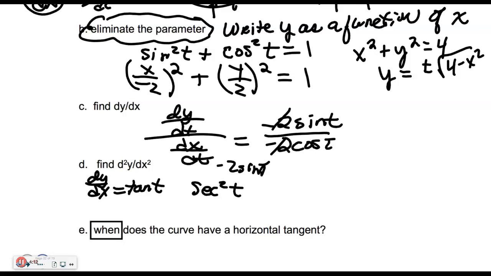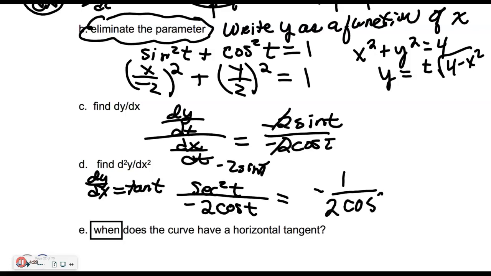Dx dt, which was a -2 cosine t. Another way you could write that is all in terms of cosine, so it depends on if it's multiple choice or not. So if you don't see that, you could have a -1/2 cosine cubed t. Which one did you guys write? That one or this one? Some of each. The first one. They're both right.